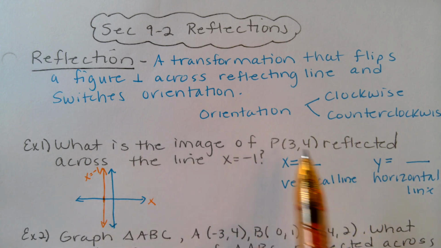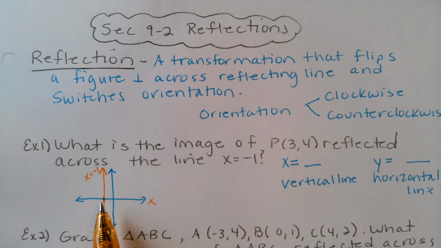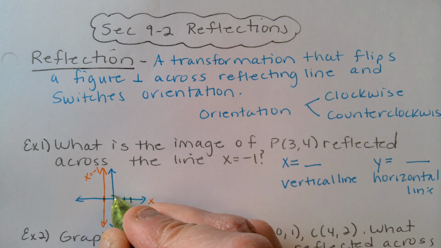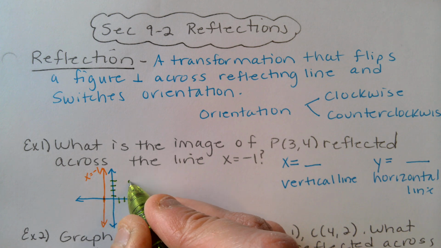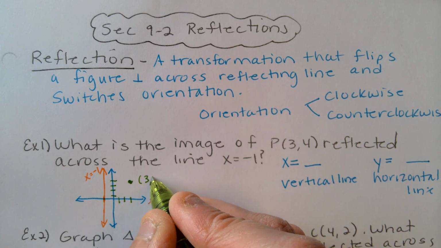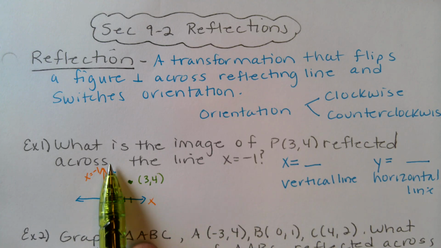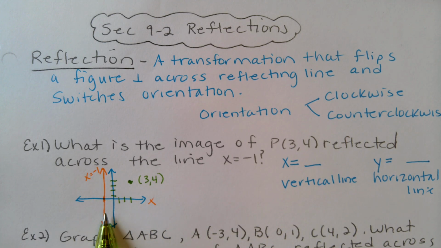Now I said, what is the image? Because that's the reflecting line. That's where it's going to get reflected over. So I got to graph P, 3, 4. 1, 2, 3, 1, 2, 3, 4. So there's 3, 4. And if you were going to reflect across the y-axis where x equals 0, right here, that's a little bit easier.